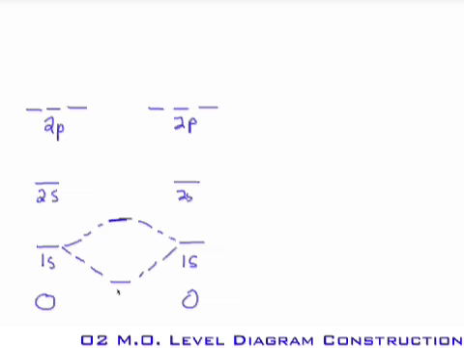This is called the sigma 1s. This is called the sigma 1s star. We can do the same thing with the 2s because it's also spherical, if you remember the shapes. Of course, I didn't give myself enough room.